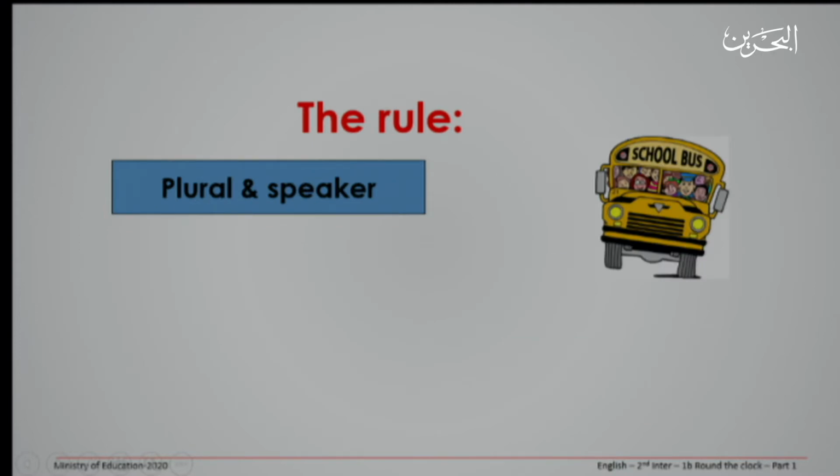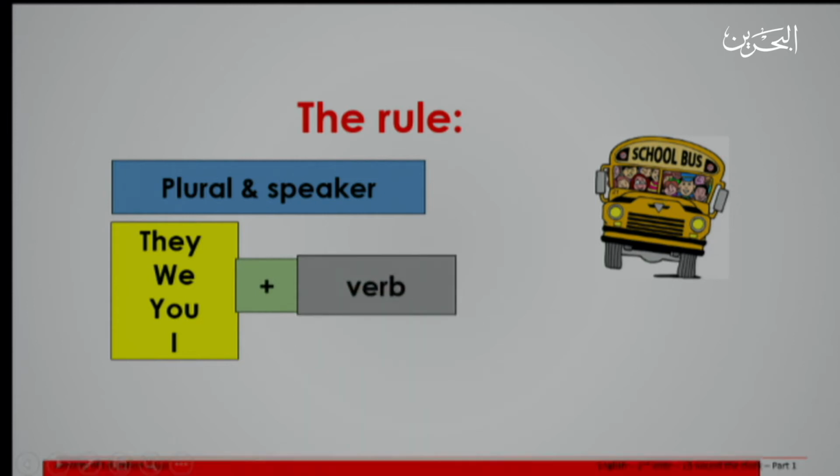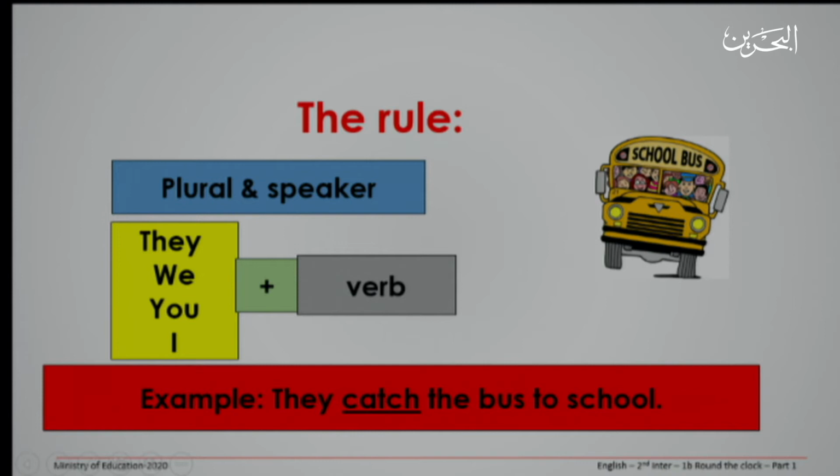As for plural and speaker, the pronouns they, we, you, and I are followed by the main verb, but without S. For example, they catch the bus to school.